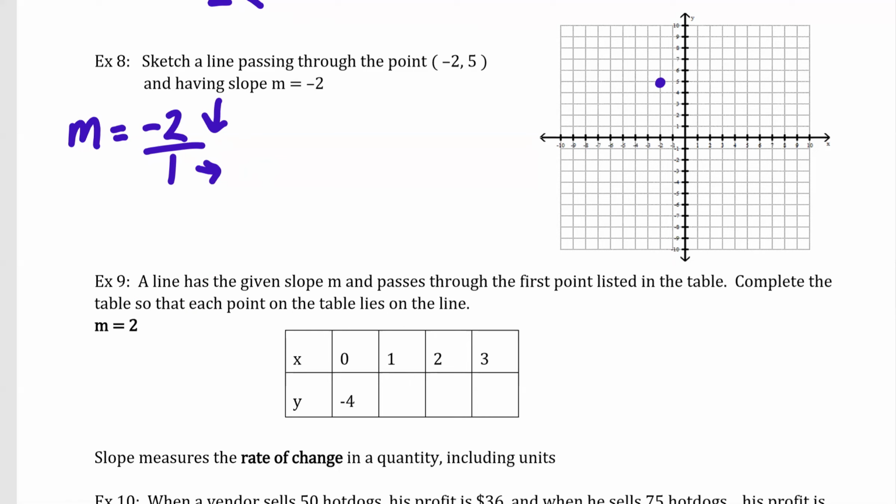And then from that point, we will go down 2 and right 1 and fill our graph. Also understand that we can move the negative to the denominator, and we can go up 2, left 1. And then connect the dots.